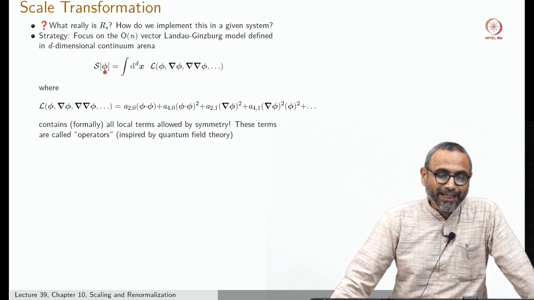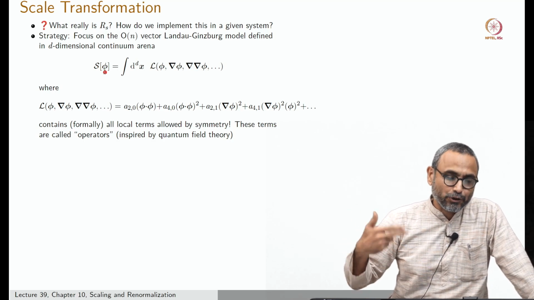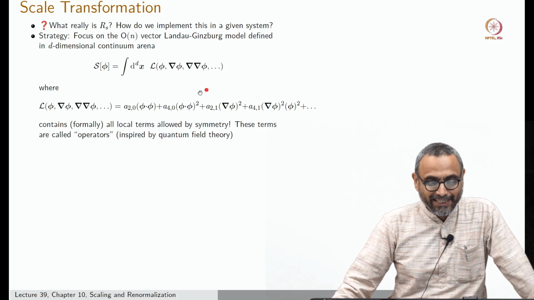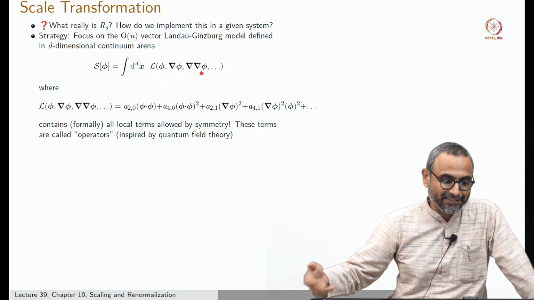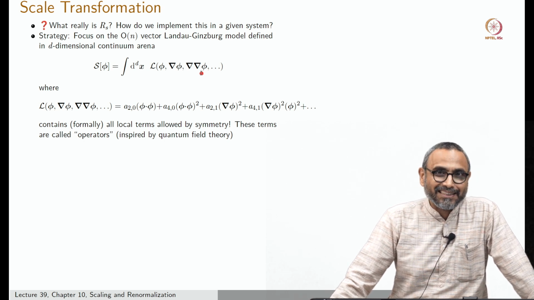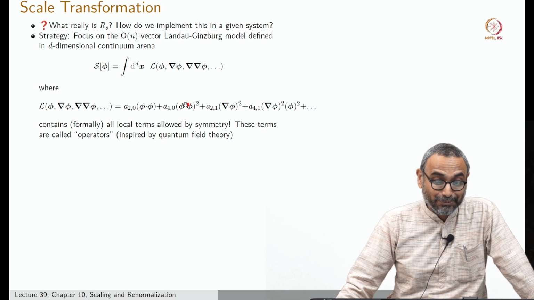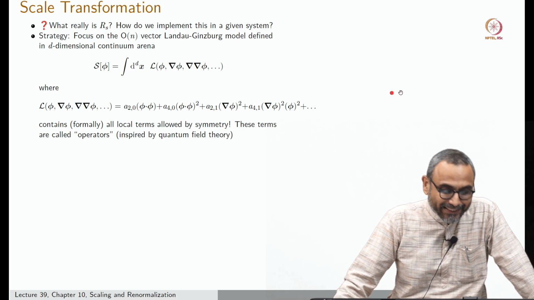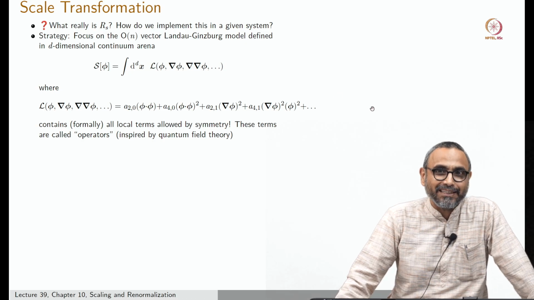So there is a field phi which transforms under the continuous O(N) symmetry, and I have some Lagrangian density which is written as L of phi, gradient phi, all possible gradients, etc. Although in our previous analysis we just kept only a few terms, in principle all terms allowed by symmetry should be included.